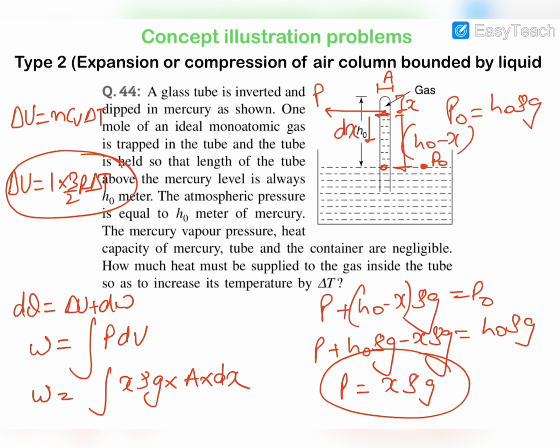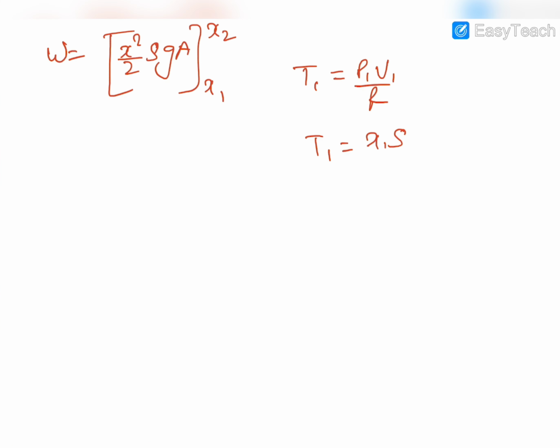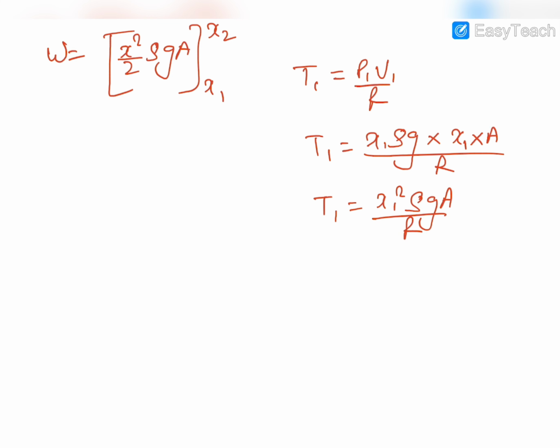So it was x1 rho g, and the initial volume was x1 into area, and this is R. So T1 is equal to x1 square rho g A by R, and T2 will be P2 V2 by R.